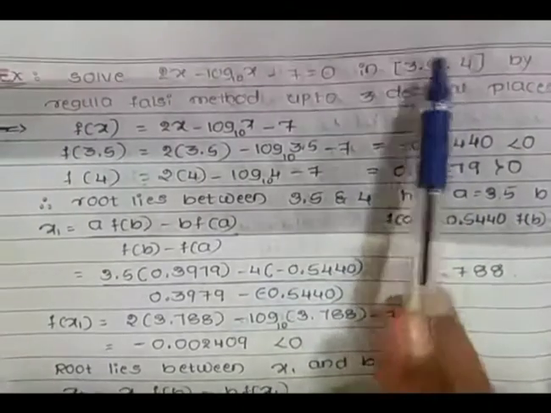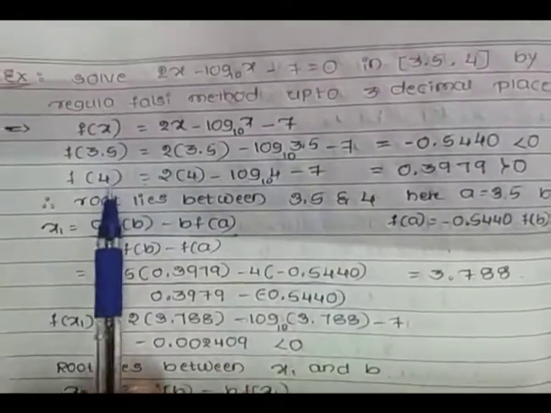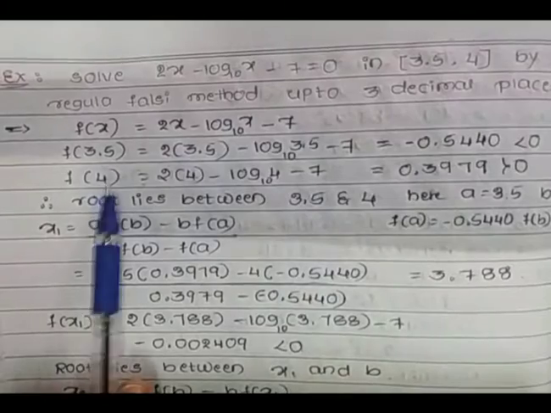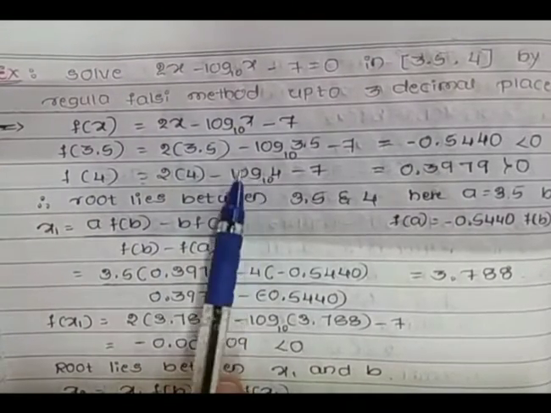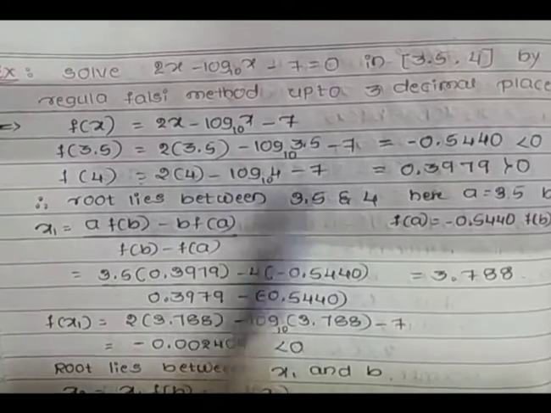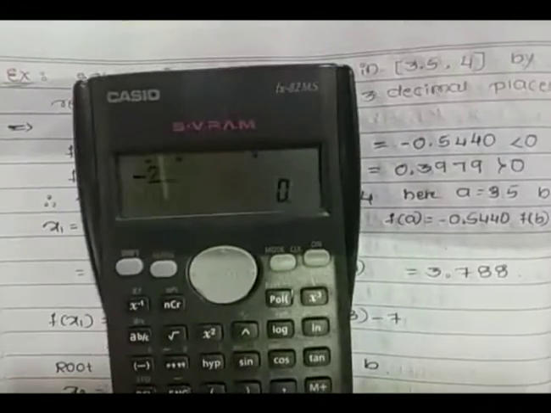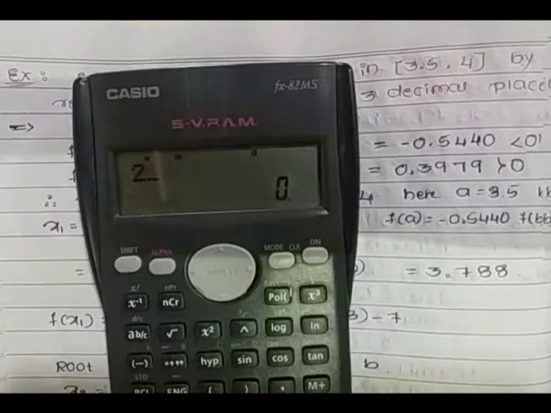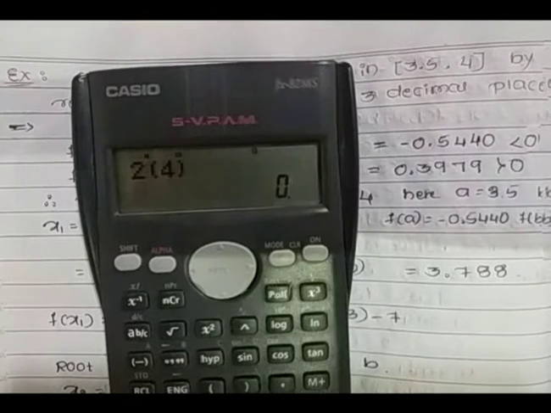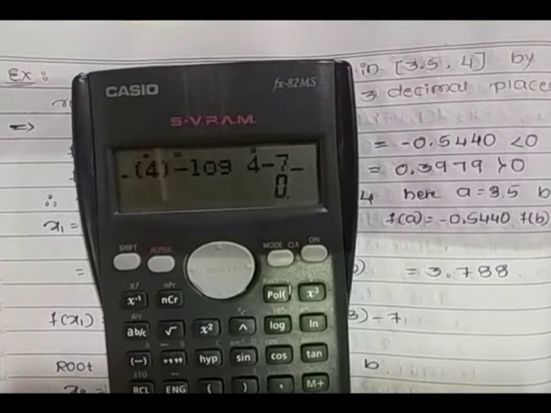Next, again in this interval we have 4. Now replace the complete x values using 4. So here f of 4 is equal to 2 into 4 minus log of 4 to the base 10 minus 7. Now we have to simplify this one. 2 into 4 in bracket, minus log 4 to the base 10, minus 7.